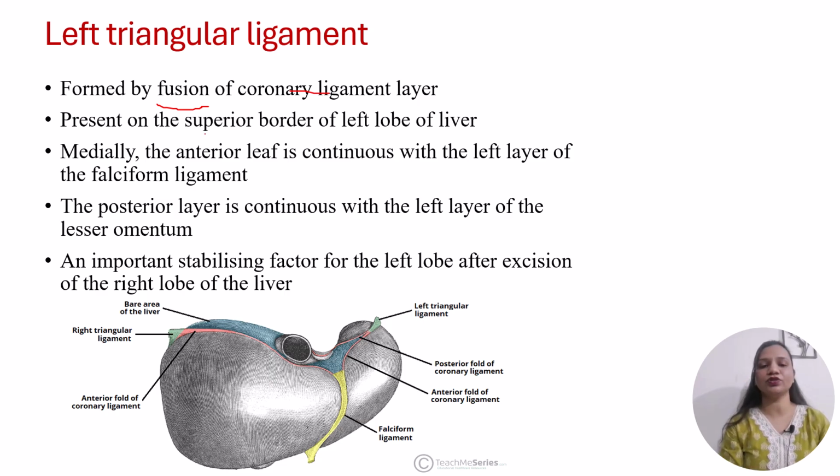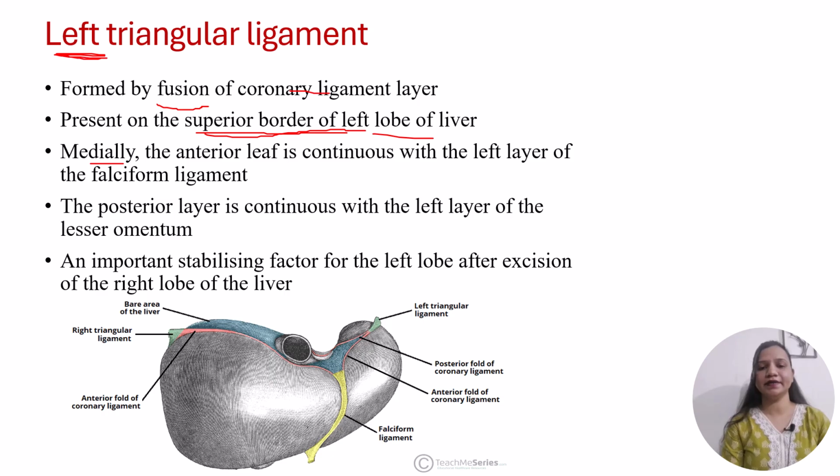It is present on the superior border of the left lobe of the liver. As the name suggests, it is present on the left lobe of the liver and also on the superior border of the left lobe of the liver, because the coronary ligament is passing from the undersurface of the diaphragm onto the superior surface of the liver.